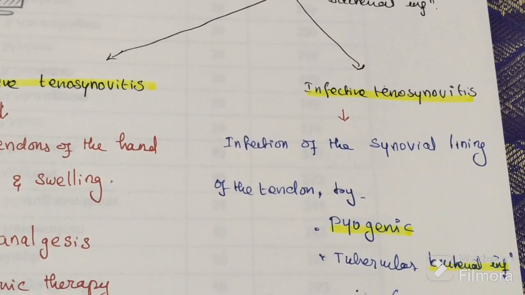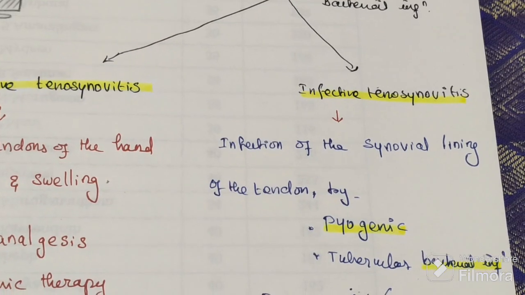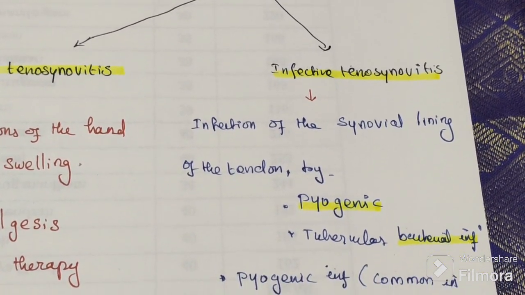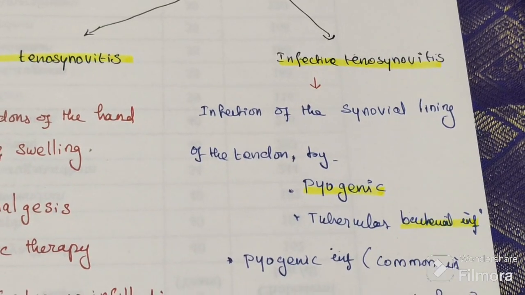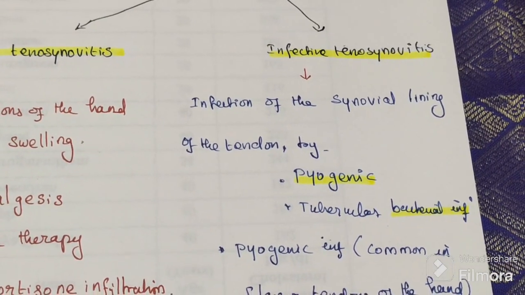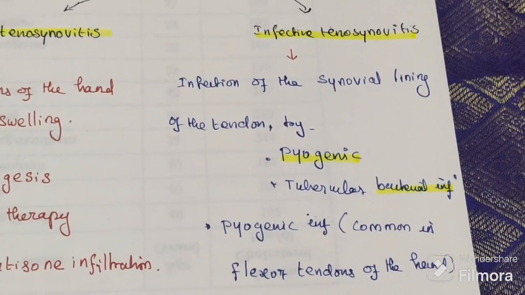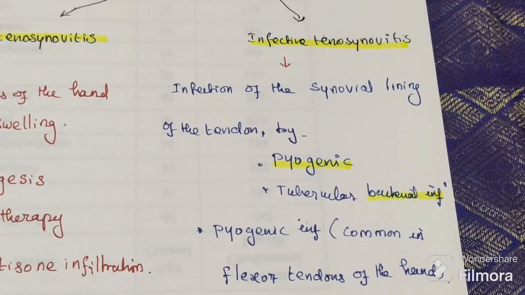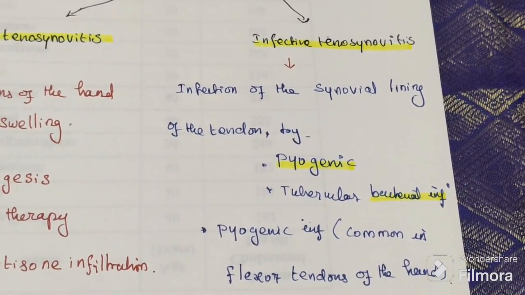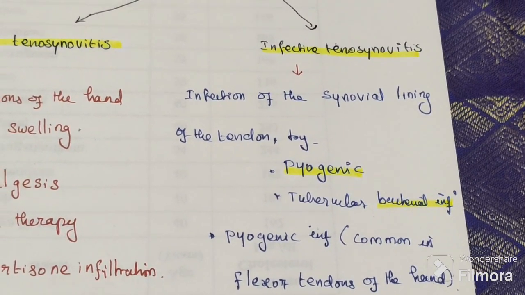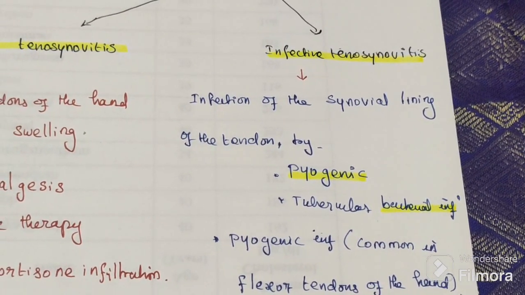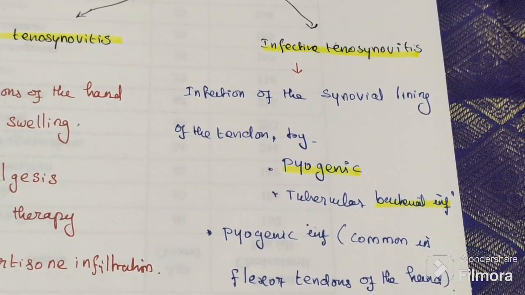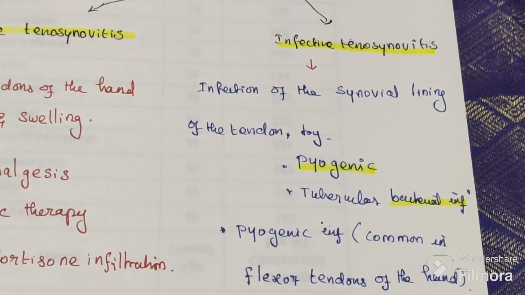The second one is infective tenosynovitis, infection of the synovial lining of the tendon by pyogenic and tuberculous bacterial infection. Pyogenic infection is common in the flexor tendons of the hand.